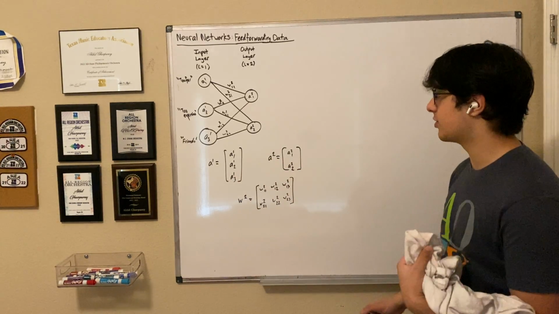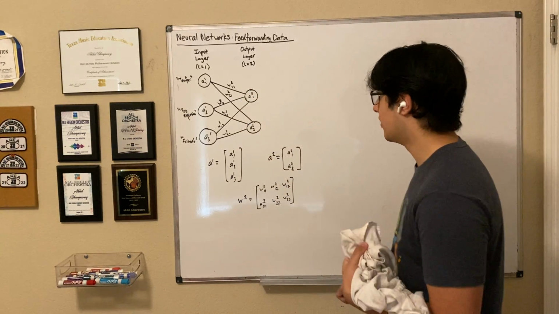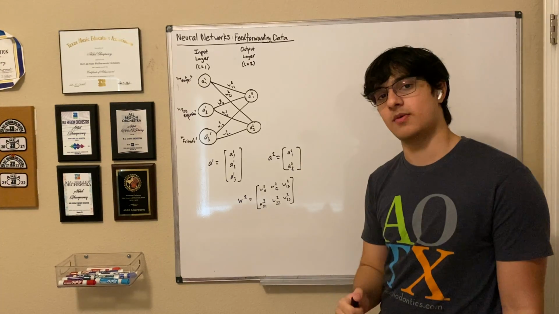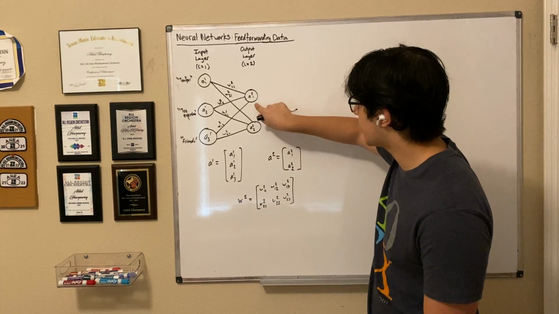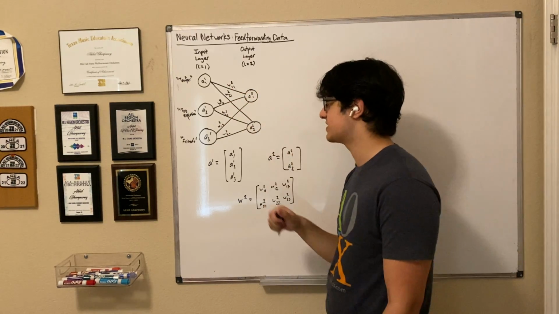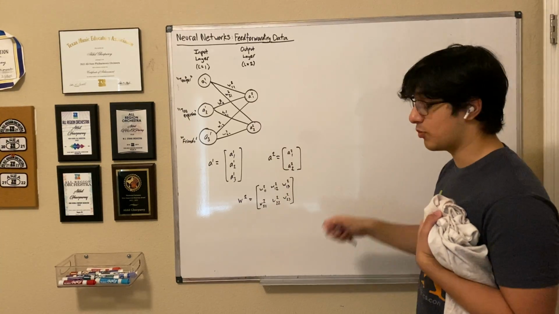But what if we wanted to focus on each individual neuron here? Well, that's pretty simple. We can get a sort of weighted sum by looking into all the connectors, or the weights that feed into this output neuron here.